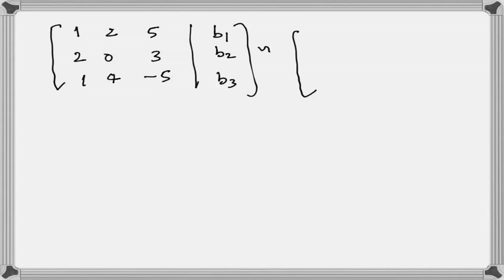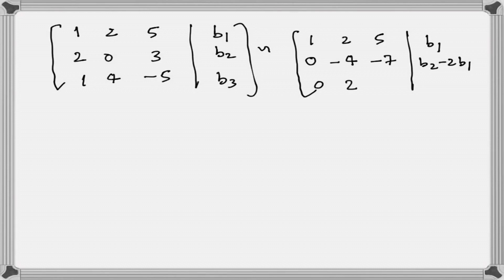So what we do is 1 2 5 b1, then we apply r2 minus 2r1, so this is 0, this is minus 4, 3 minus 10 is minus 7, and b2 minus 2b1. And then r3 minus r1, so 0, it's 2, and this is minus 10, and b3 minus b1.